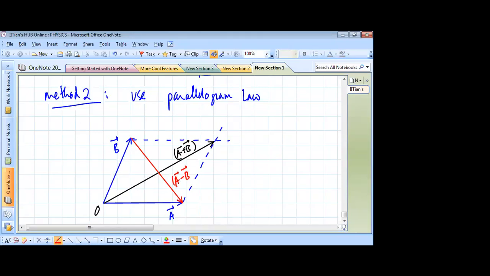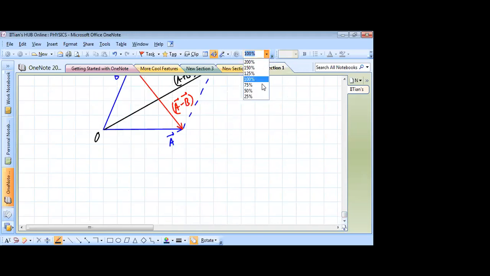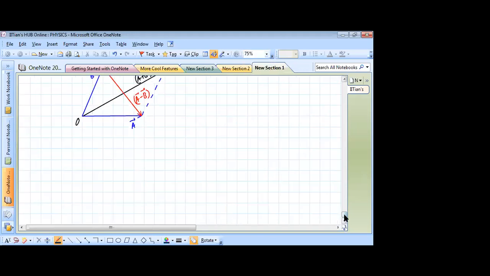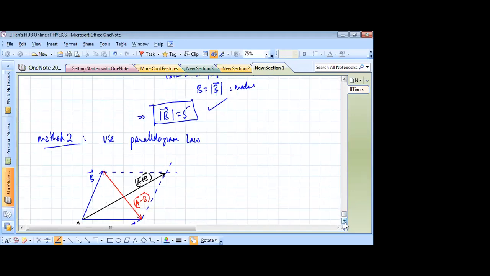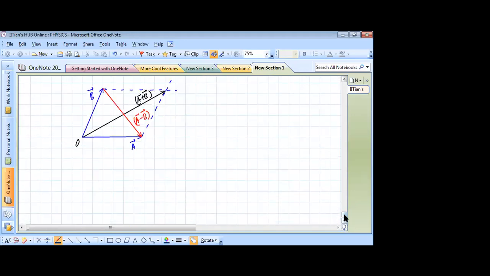Now you'll note something important here, that in a parallelogram, geometrically, see that geometrically the condition for the diagonals to be perpendicular is that it should be a rhombus.